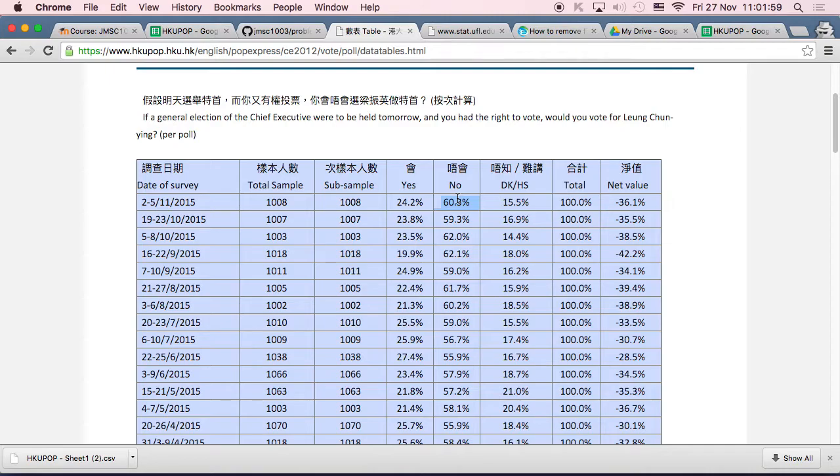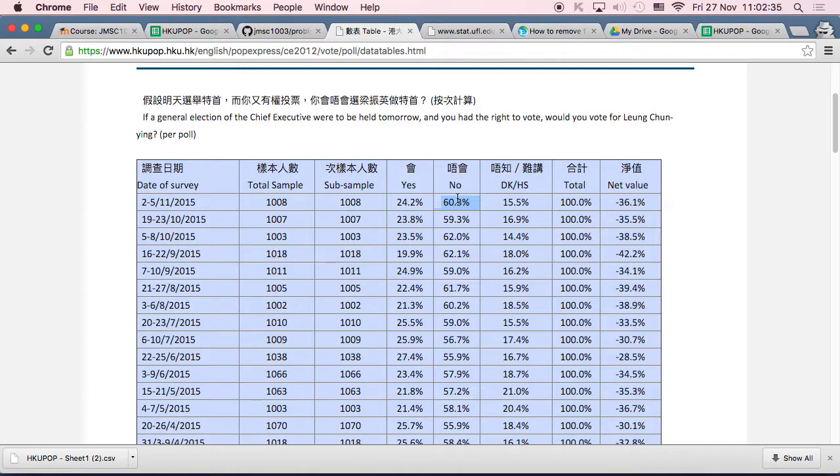The estimate is equal to P, meaning the proportion, which in that case is 0.6 something. And the standard error is equal to the square root of P times 1 minus P, divided by N, as in the lecture notes.